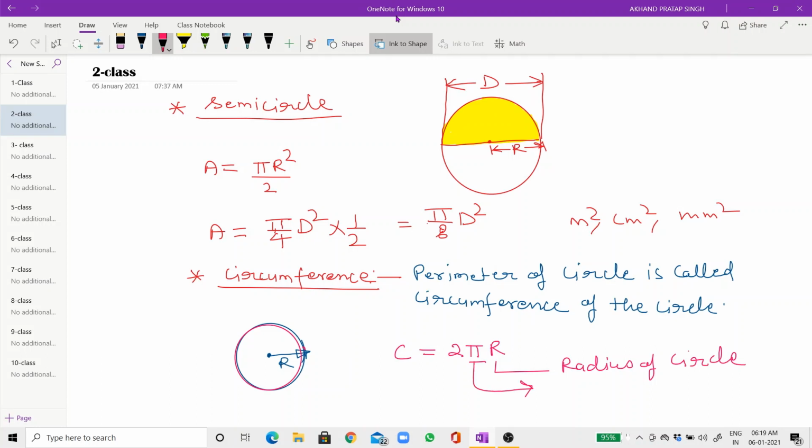And pi, we have discussed in detail, what is pi. And another thing, 2 into r is also the diameter. So you can write pi d.